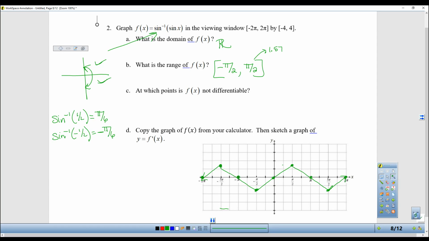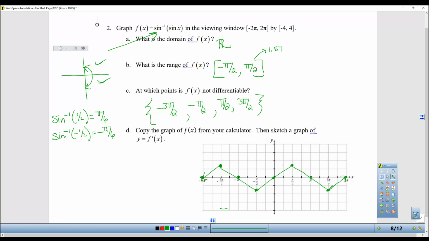Okay, at which points is f of x not differentiable? It is not differentiable at pi halves, at 3 pi halves, at negative pi halves, and at negative 3 pi halves.